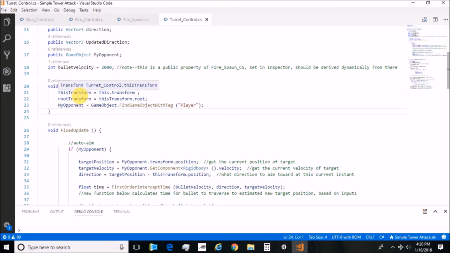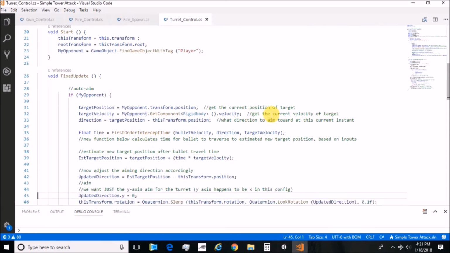So on start, I'm just setting this.transform, this.transform.root. And then here is where I'm acquiring my opponent. There's only one object with a player tag, and so that's going to be my opponent. I can go ahead and grab that right when we start.